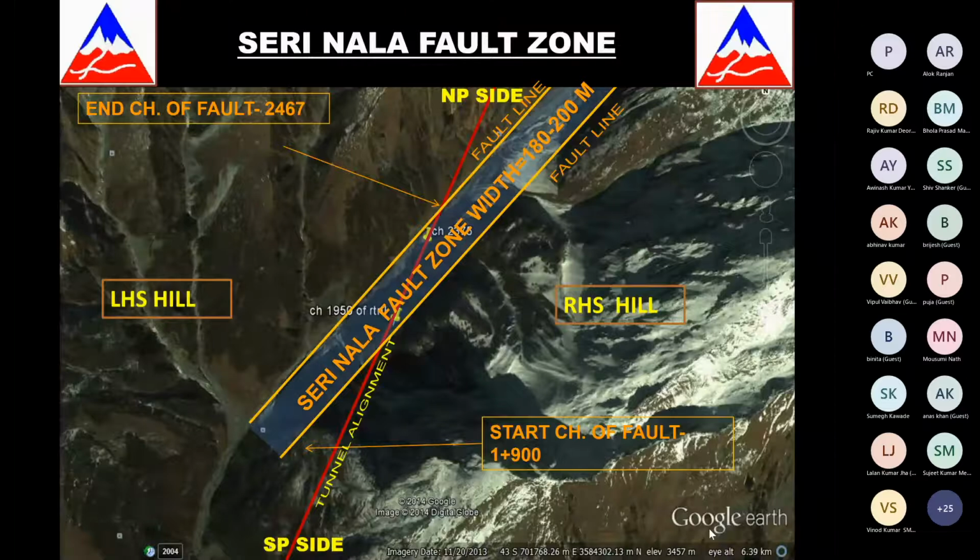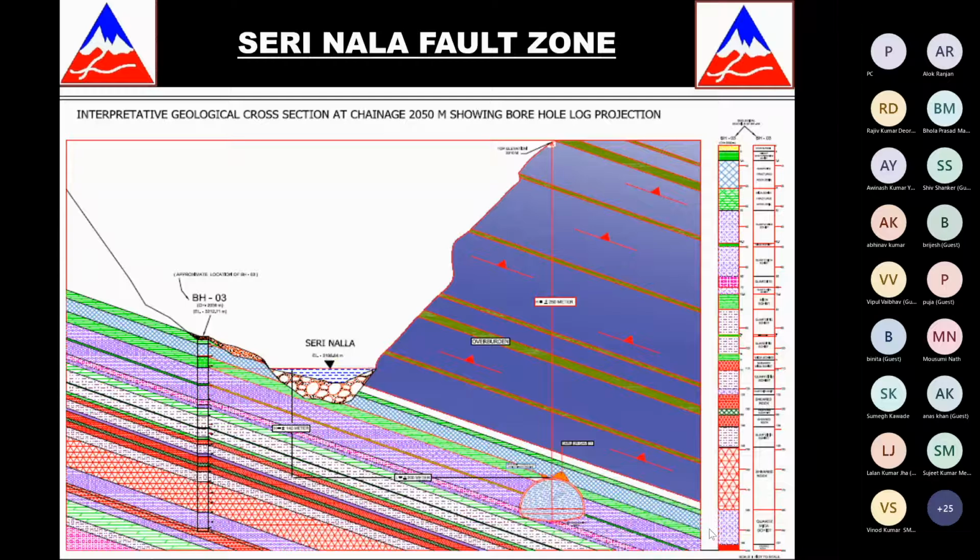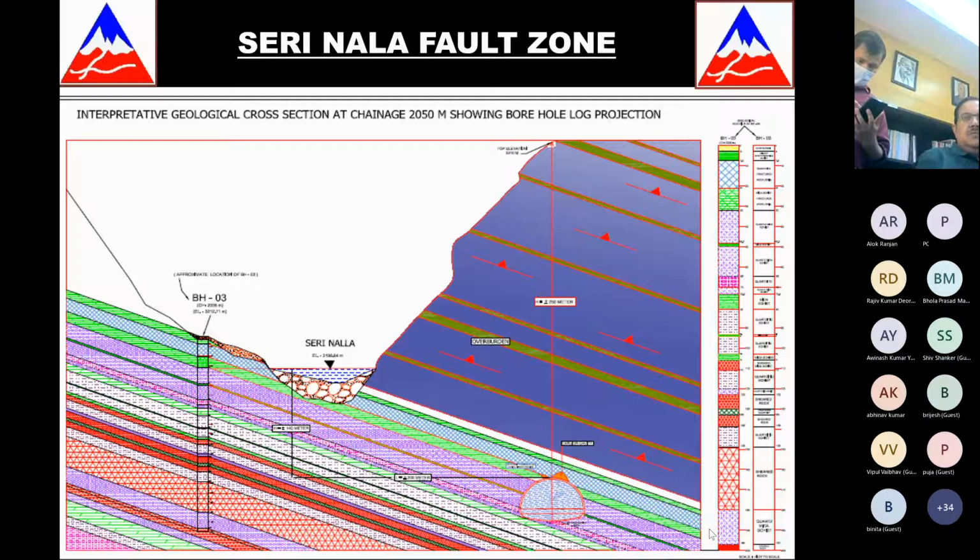If you see how the tunnel was situated, this is a cross section showing that the tunnel is on the bottom right, and the nala is somewhere above it. But because of the particular orientation of the fault planes, all these faults were charged with water, and this water would flow into the tunnel when we were excavating it.